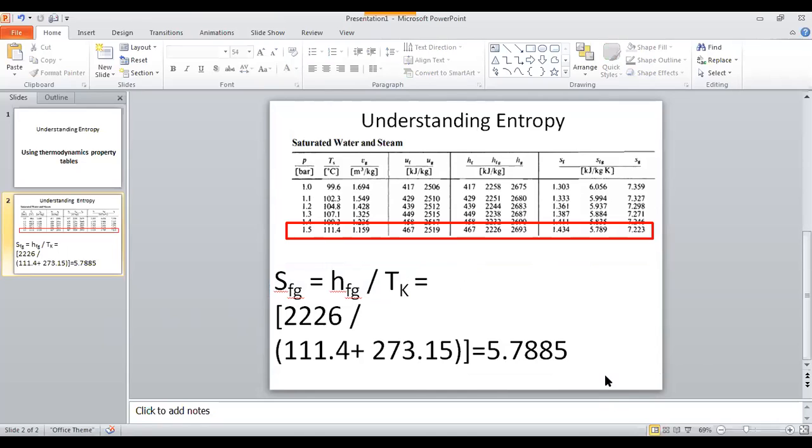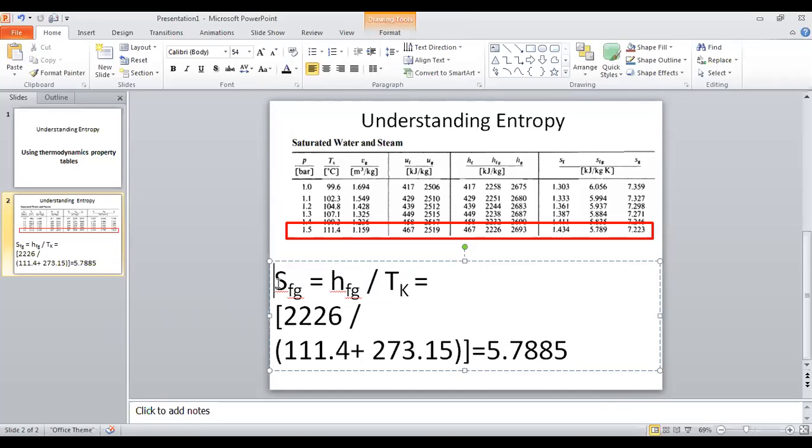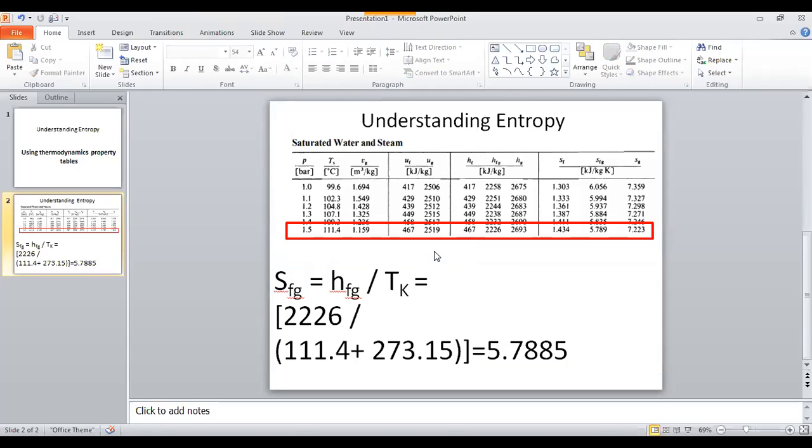So what's the meaning of this? How come exactly the entropy increase when liquid turns into vapor form, the increase in that system, is equal to HFG by TK? So we are going to explore that now.